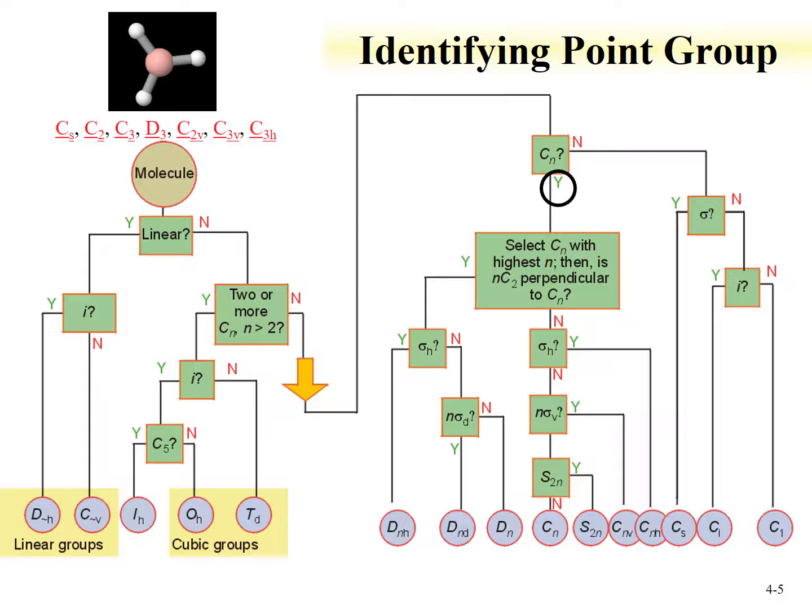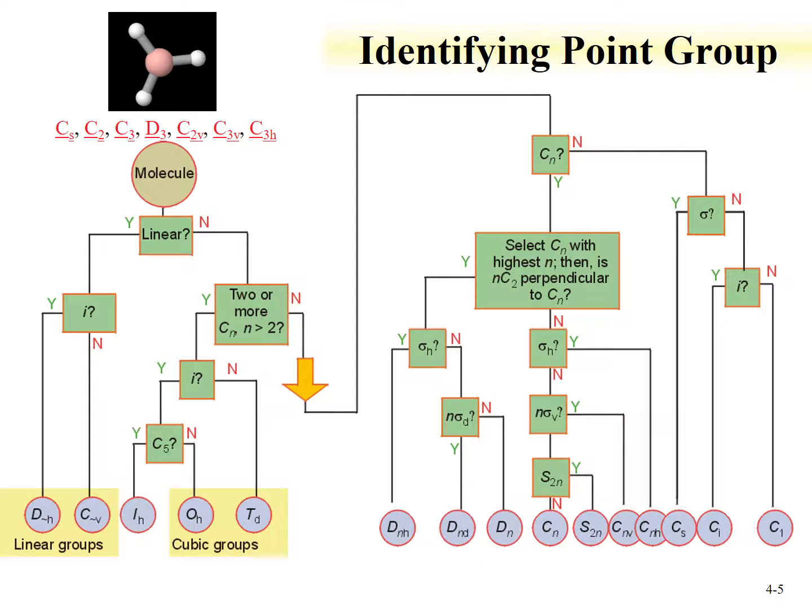Are there 3 C2 perpendicular to this? Well, there's 1, 2, 3. So you see each arm off the metal center is a C2. So the answer to this one is yes. We see that we have a C3 and we select yes.